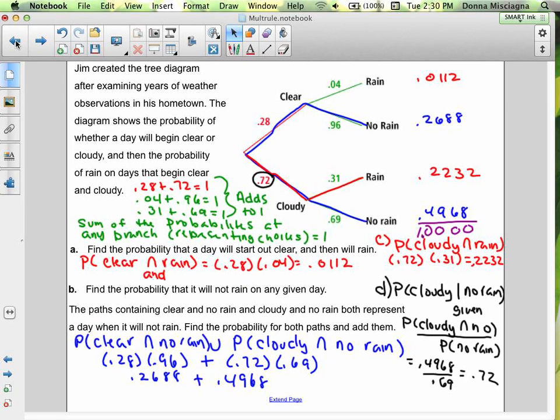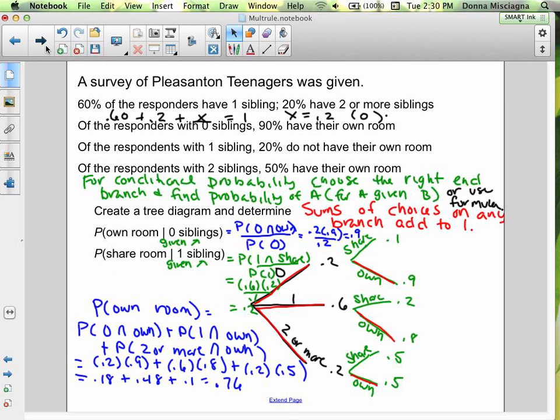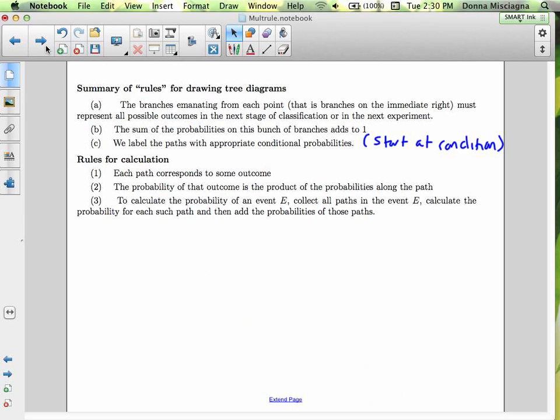The clear and cloudy, the rain and no rain, and then when we added all the probabilities at the end of the bunches of branches, we still got 1. So every single time you get 1. And if you don't get 1, then there was another option you were probably missing. But don't worry, you should get 1.